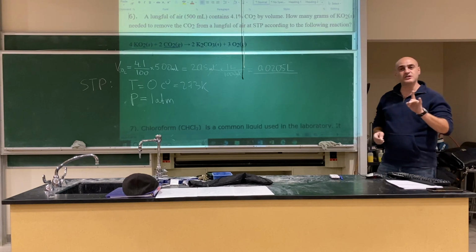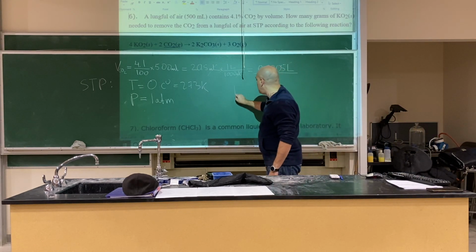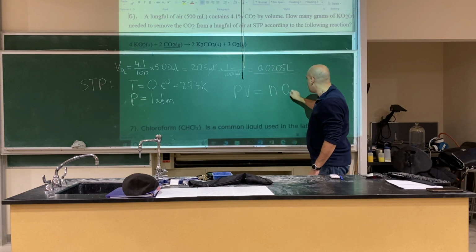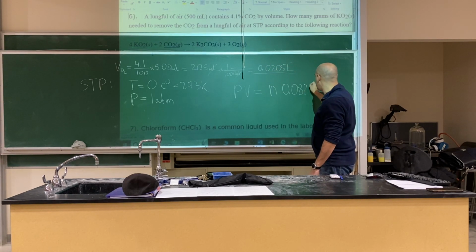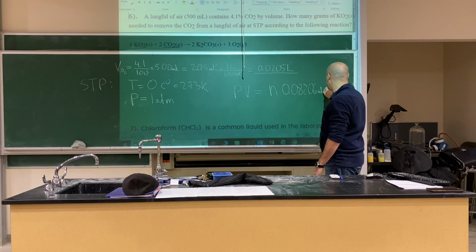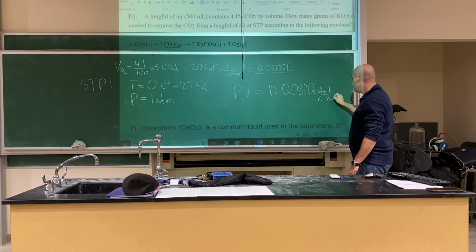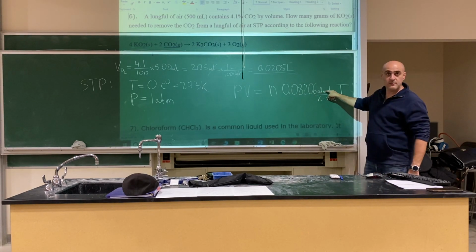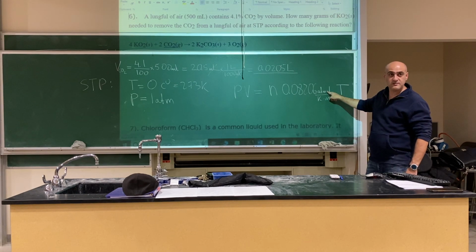So this is not conditional, which means I'm going to be using PV is equal to nRT, and the R I'm going to be using is 0.08206 atmospheres times liters over Kelvin and mole. Now if I use this R, that means my pressure better be in what units, guys? Atmospheres.